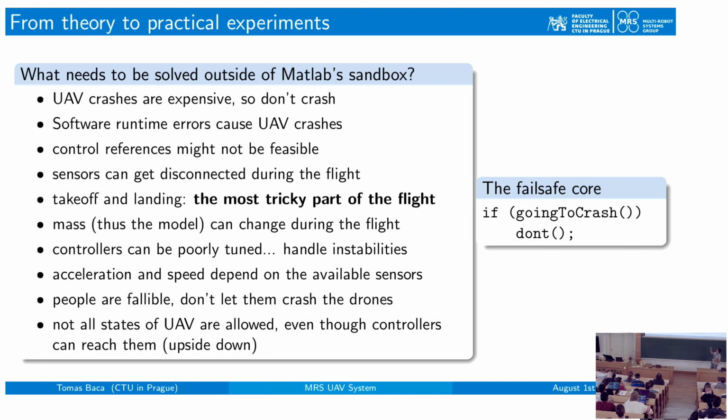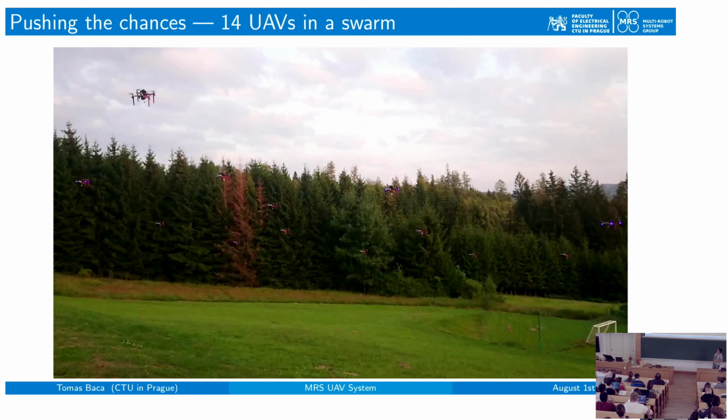So most of those problems were already tackled by the system, but since the video is not playing, that's great. Since we are doing multi-robot systems, and this was a video of a swarm of 14 drones, we are really pushing the limits and we are asking for problems. So imagine you have 14 drones in the air.